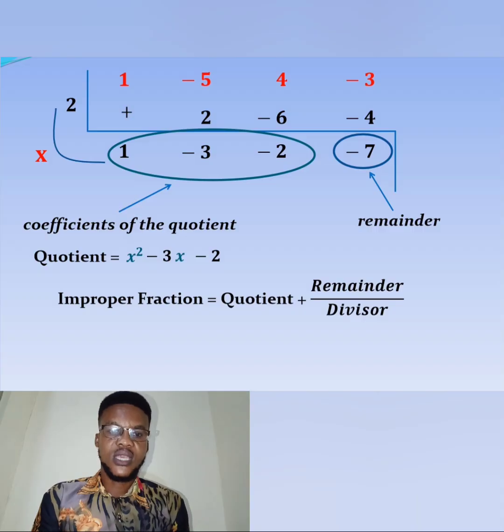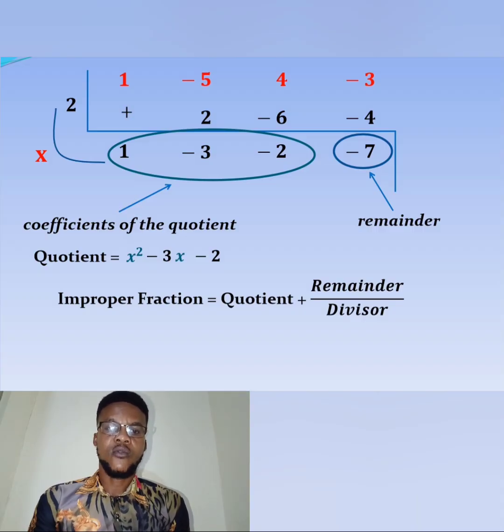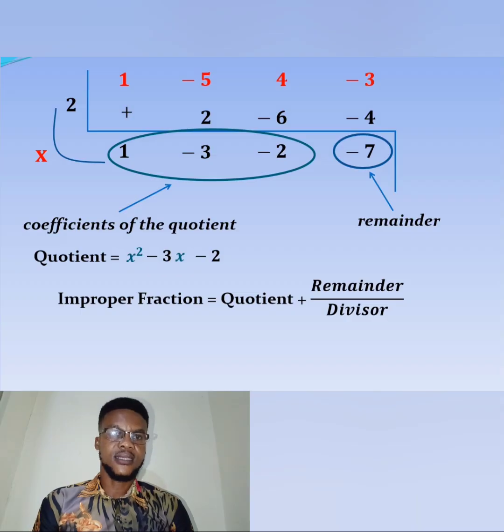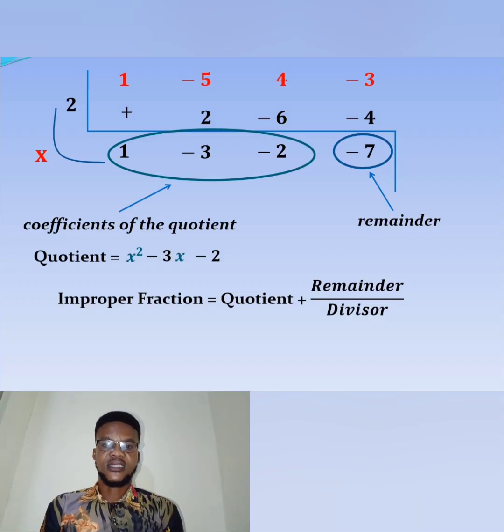Okay, so once we have this one, then the question asks us to write our answer in this form, that is the improper fraction. So for improper fraction, as I said earlier, the improper fraction is when the numerator is greater than the denominator.